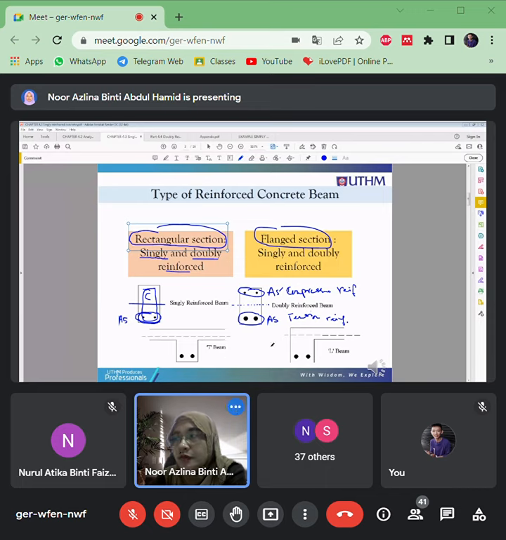Okay, which also applies to the flange section here. Tak kisahlah T beam ataupun L beams, right? Okay, it will also have these two types here, either singly or doubly reinforced.